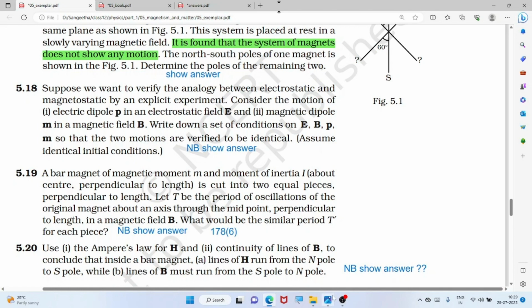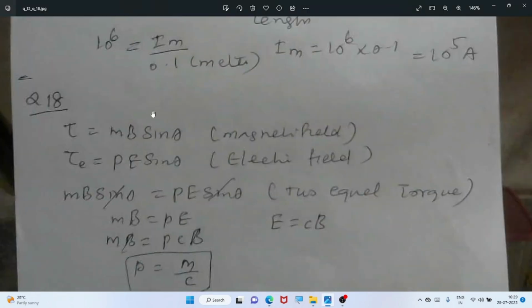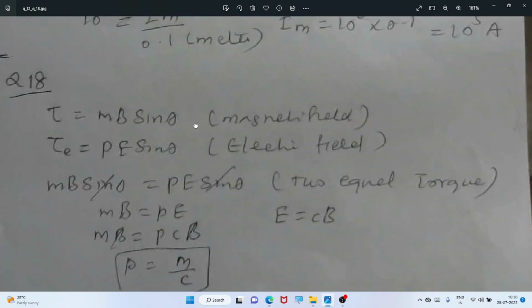See, this is the torque on the magnetic dipole in the magnetic field, MB sin theta. This is the torque on the electric dipole in the electric field. They are saying these two torques are equal, so when you equate them, we get a relation, but there is a relation between the electric field and magnetic field using the velocity of light.